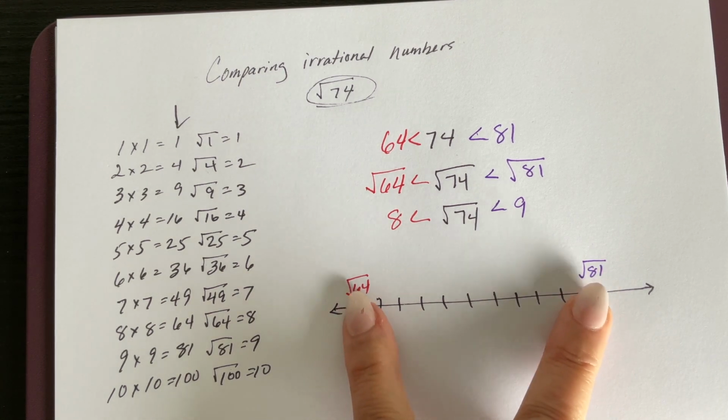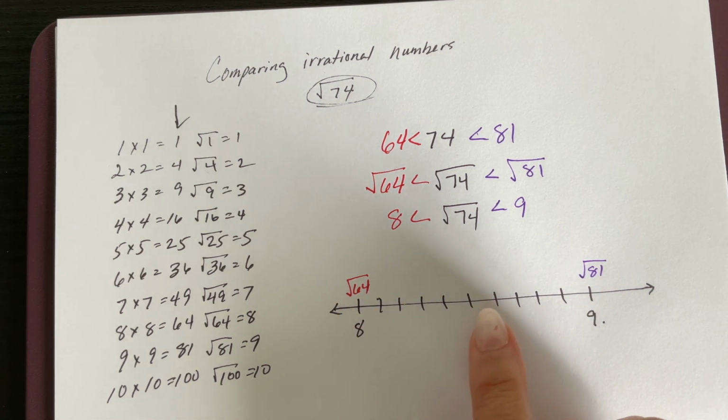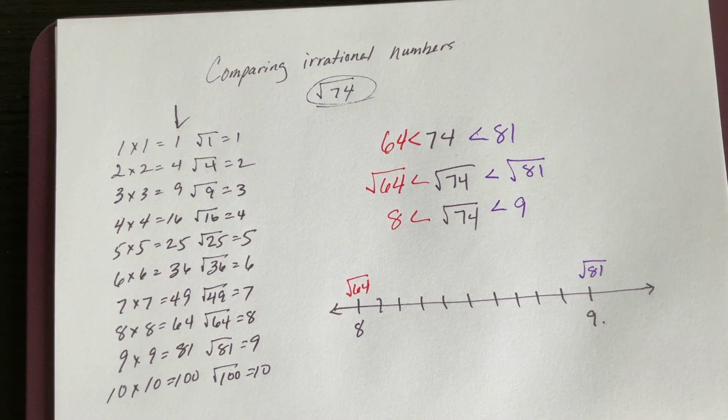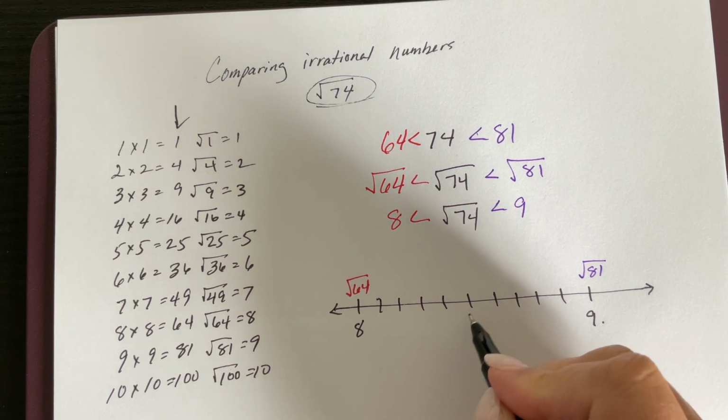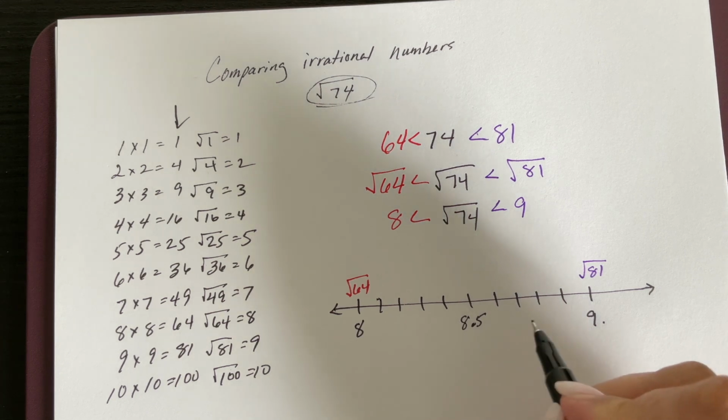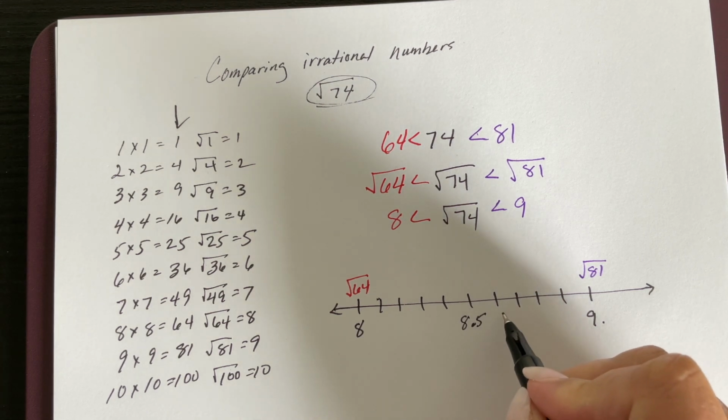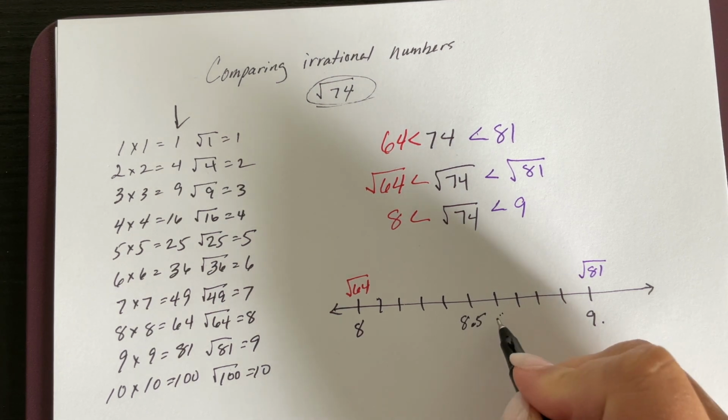Which one is it closer to? So when I do my math, it's a little bit closer. It's not right here in the middle, and this is the middle, right? 8.5, 1, 2, 3, 4, 5. So this would be 8.5. I would put it a little bit closer to 8.6.